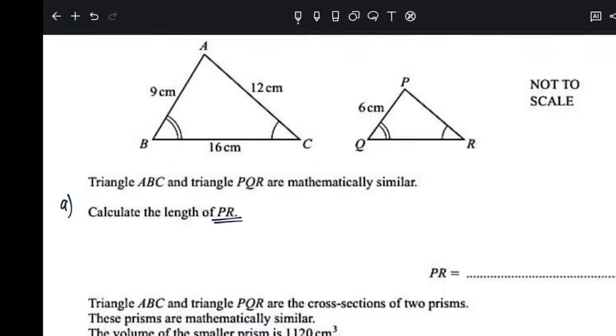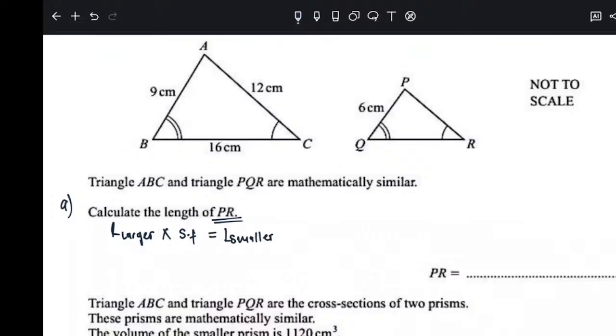Don't change it. Since we are dealing with lengths, we are working with scale factor. So you're going to say length of larger times scale factor is equal to length of smaller. Please, I hope you are obedient people who will follow the steps.